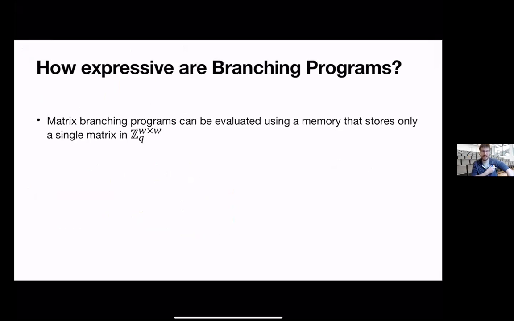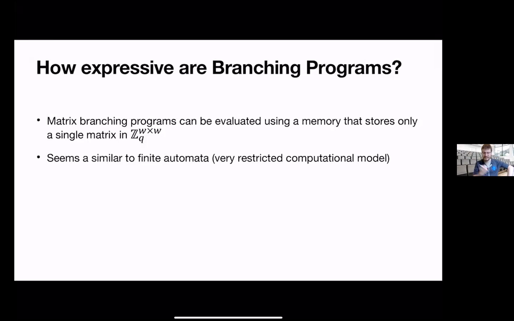the first question is, now that we have this computational model of branching programs, how expressive are they actually? What can I compute using those things, right? So we know circuits and Turing machines are equivalent, where the size of the circuit, of course, grows with the runtime of the Turing machine. But these things actually look pretty dumb, right? You just multiply a few matrices together, and as I said earlier, matrix branching programs can be evaluated using a memory that only stores a single matrix.